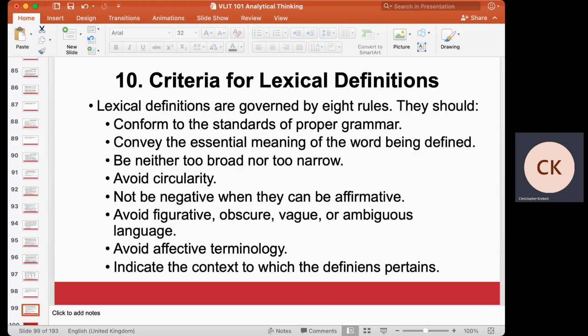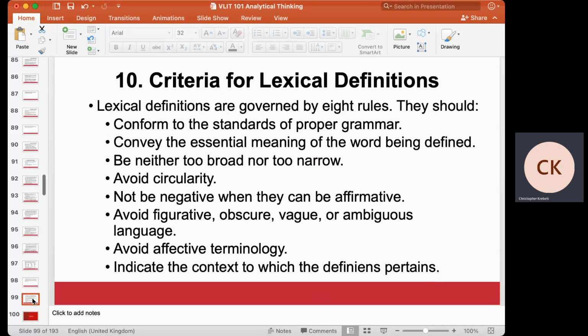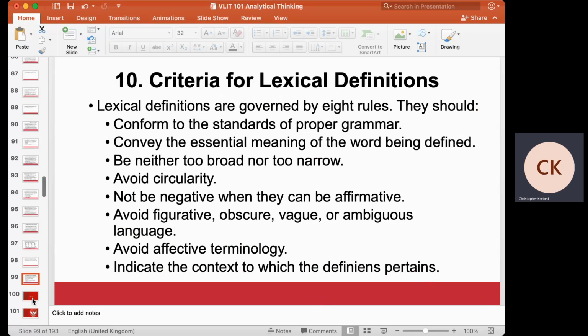Then we have the criteria for lexical definitions, and there are 8 of those criteria. So if you are doing a dictionary definition, how do you go about it? What are the criteria that are supposed to be observed? So lexical definitions should be governed by these rules.